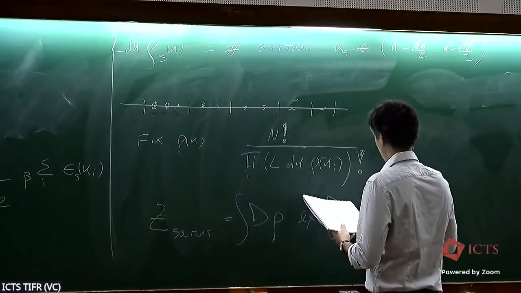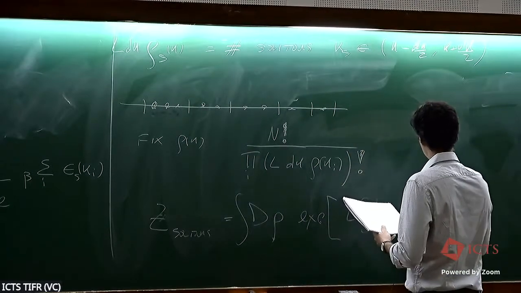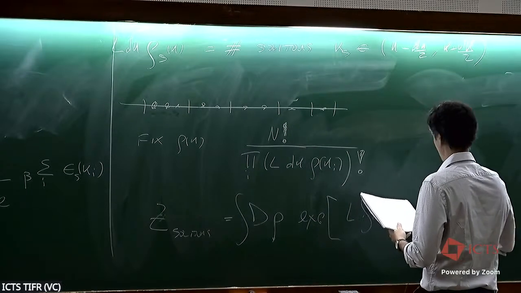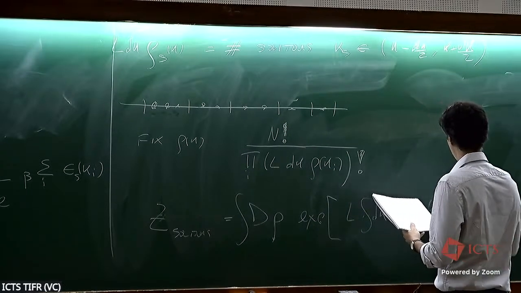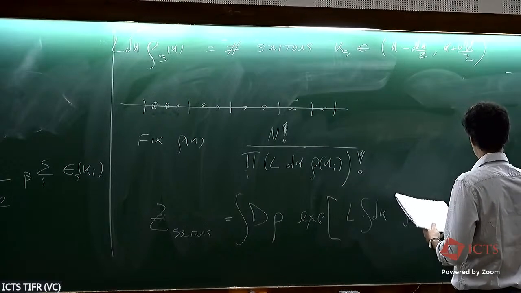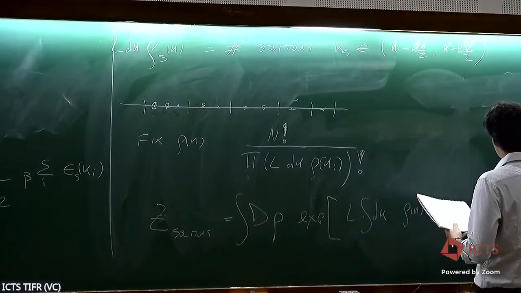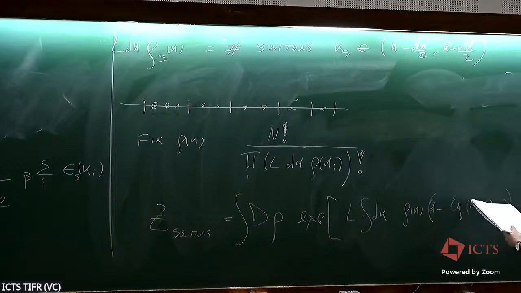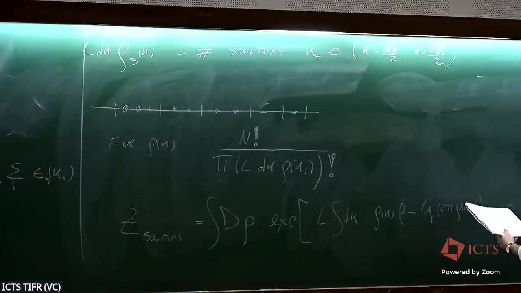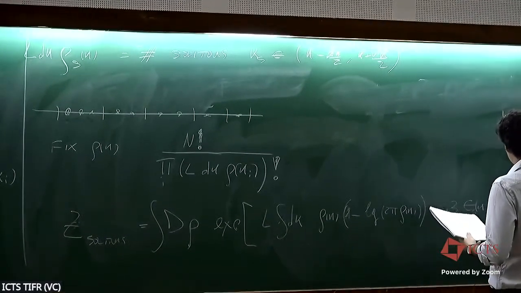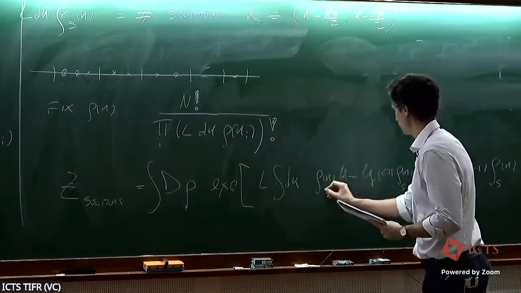What you get is the following, one minus, and of course, this is the density of the solitons.